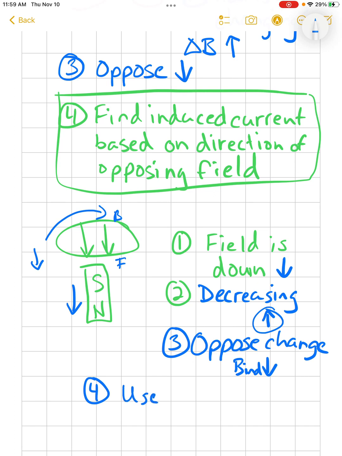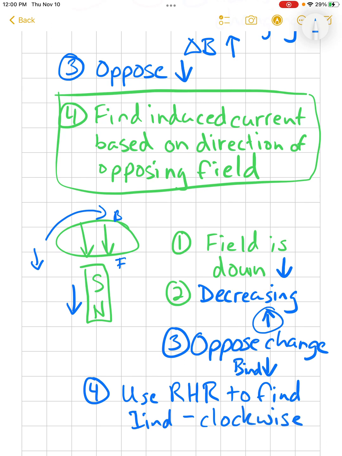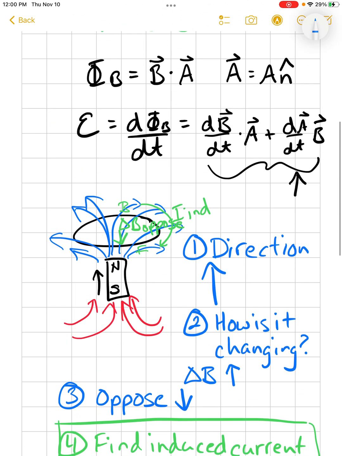So use your right-hand rule to find your induced current, and that will be, in this situation, clockwise if we're looking at the loop from the top. So you also have to take into consideration which direction you're looking at the loop from. So that is basically how you find the direction of the induced current, and then if you want to find the magnitude, you're going to use this equation right here.